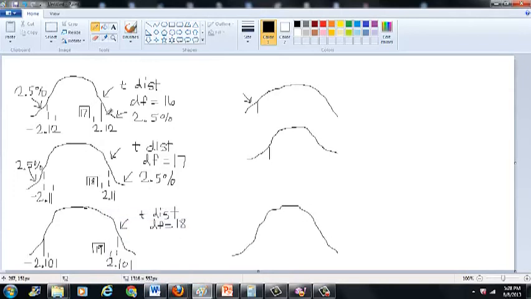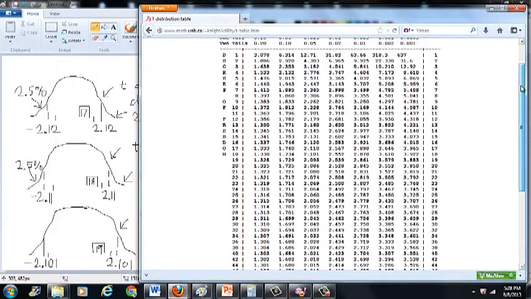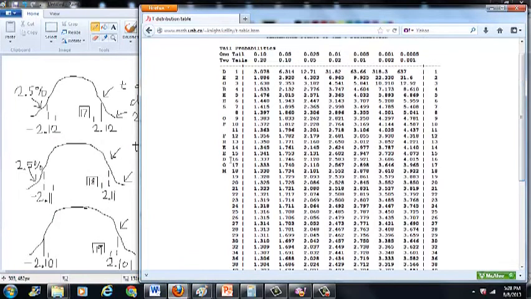Let's look at an example with 16 degrees of freedom. In this curve with 16 degrees of freedom, the one-tailed critical value, which is in this column, is 1.746.